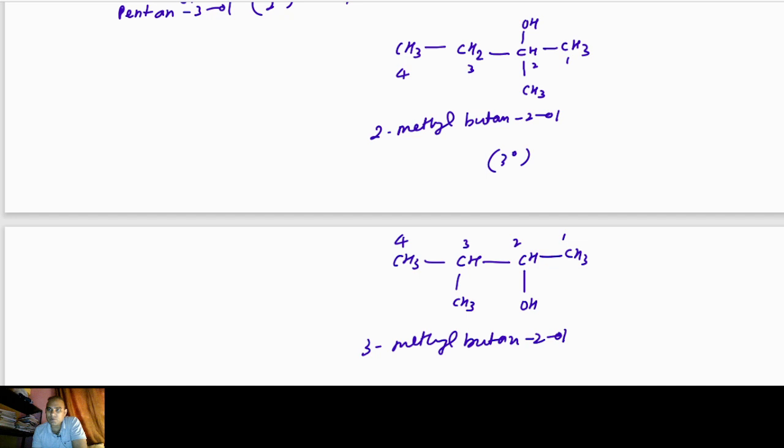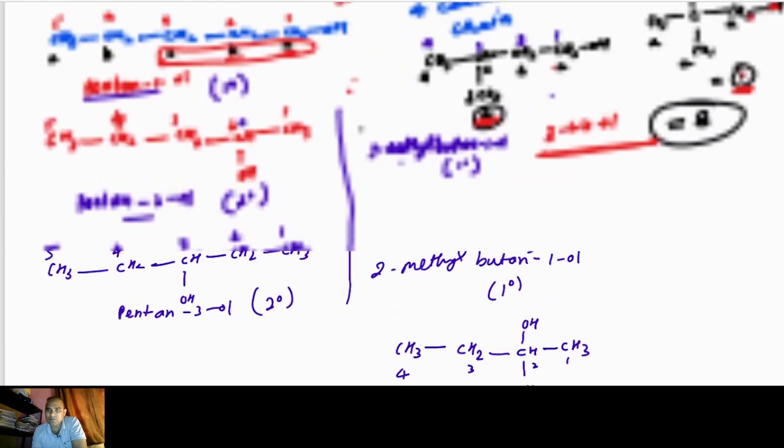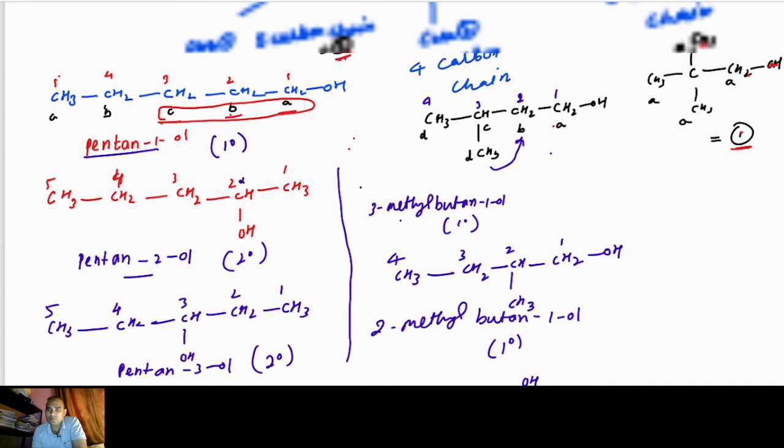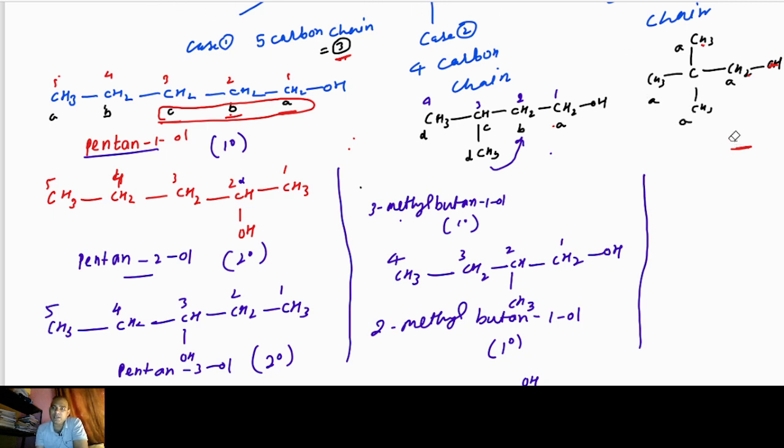Now let us move on to the last one, student, where we are going to have the 3 carbon chain. Okay, in this case, student, I already made this compound, you can see. Wherever you try to put the OH group, it will always be the same compound, whether you put this OH group on this carbon or that, all are the same, student, identical.